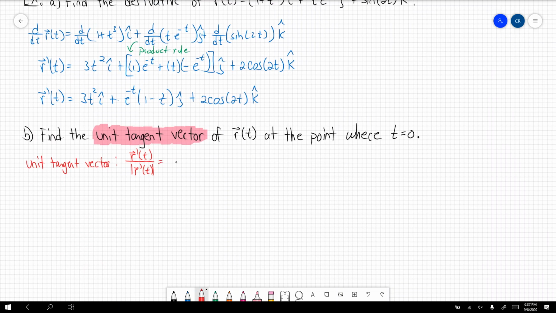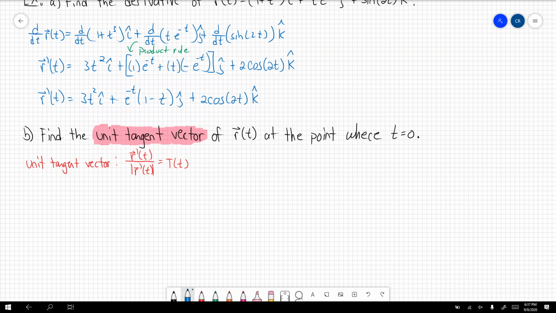What we're going to do is call this unit tangent vector capital T of t. This is going to be common notation moving forward, that if we have a unit tangent vector for a vector valued function, we typically want to denote it as capital T of t. And this will be a capital T in vector form. Okay, so here we go.